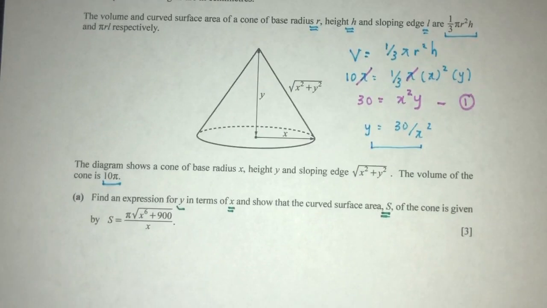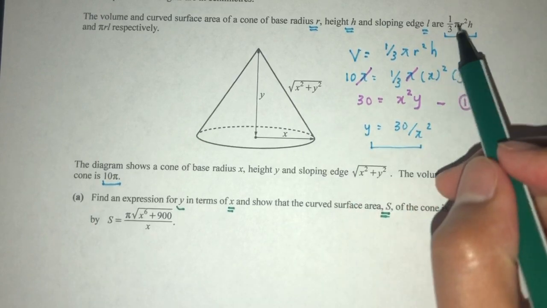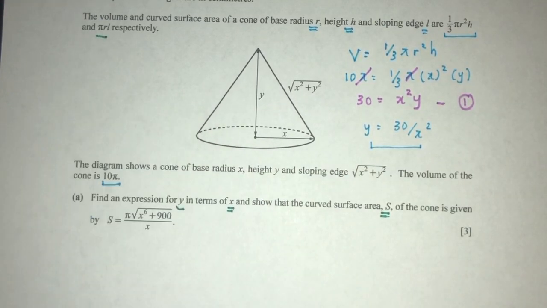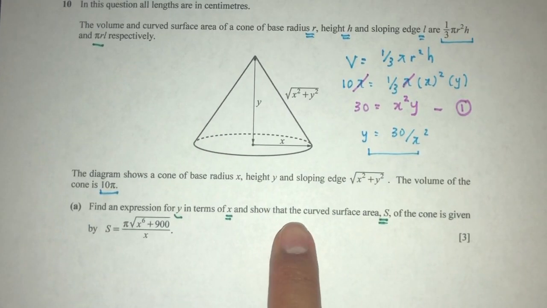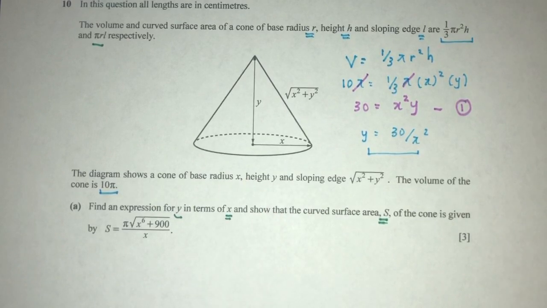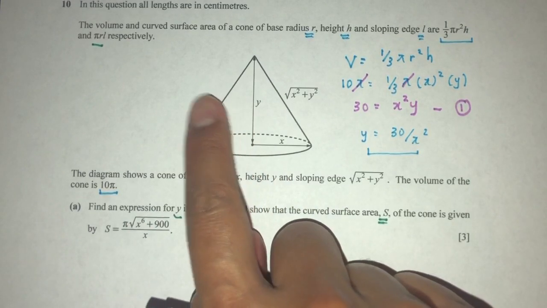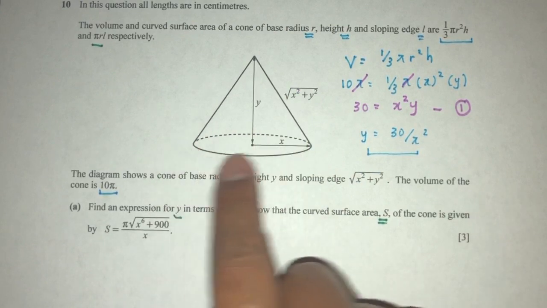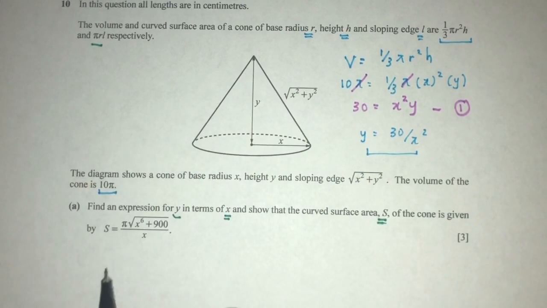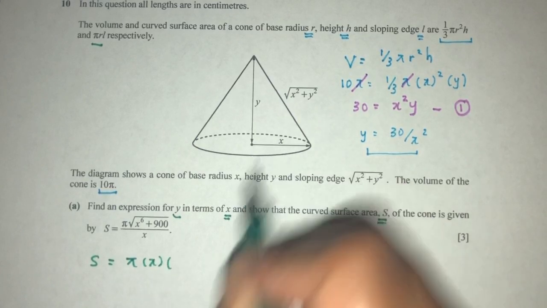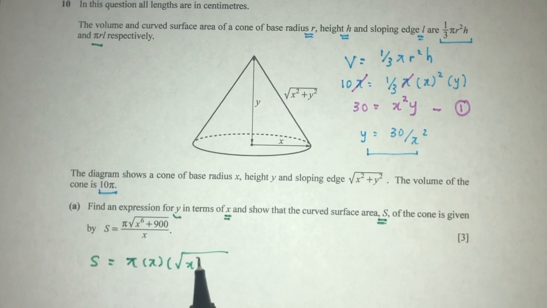Now we have to find the curved surface area. The curved surface area is given by the equation itself, pi r l. Again, the curved surface area is the surface area of the curve, not the base. Remember, so just the curve. That will be pi, so S will be pi, r is x, l is root of x squared plus y squared.